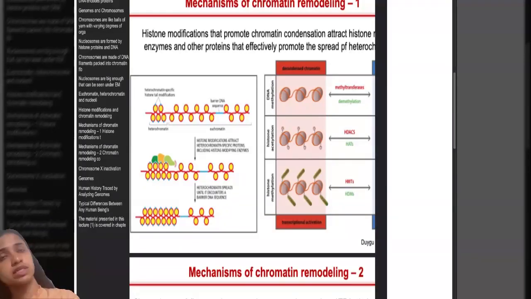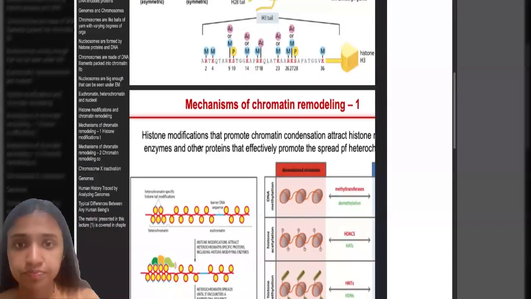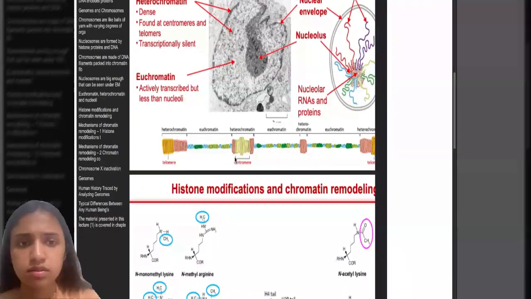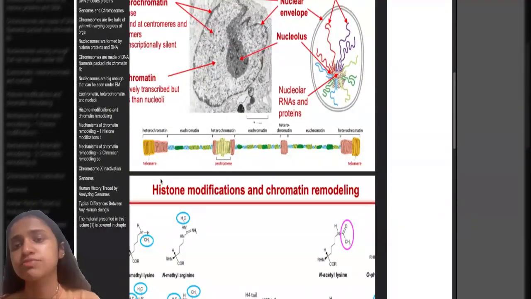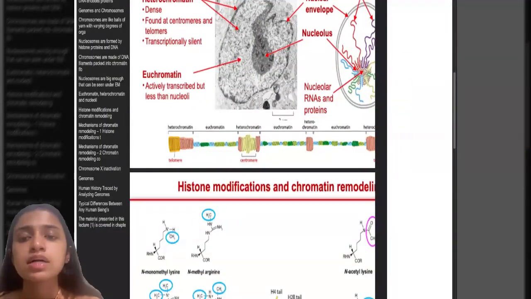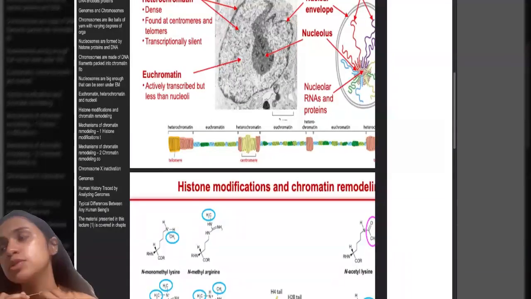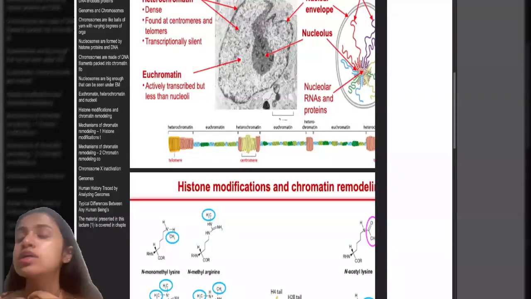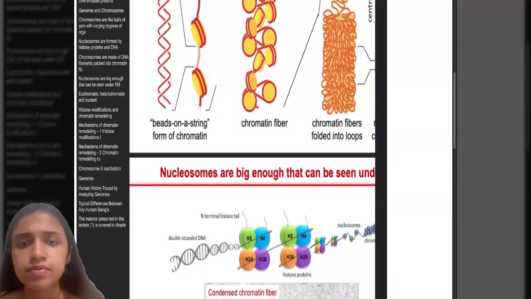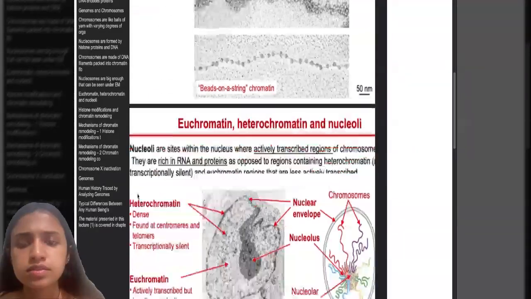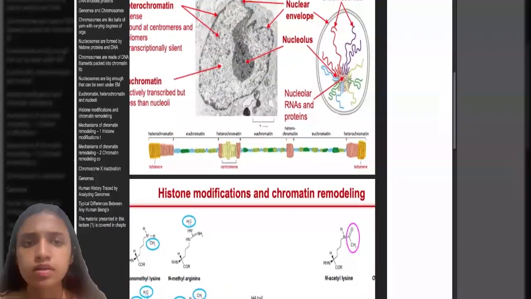So essentially, what we're seeing in this whole thing here is that heterochromatins are found in nucleoli, and they are found in the centromeres and telomeres, whereas euchromatins are not found in the nucleoli. It's not dense, and it's actively transcribed.